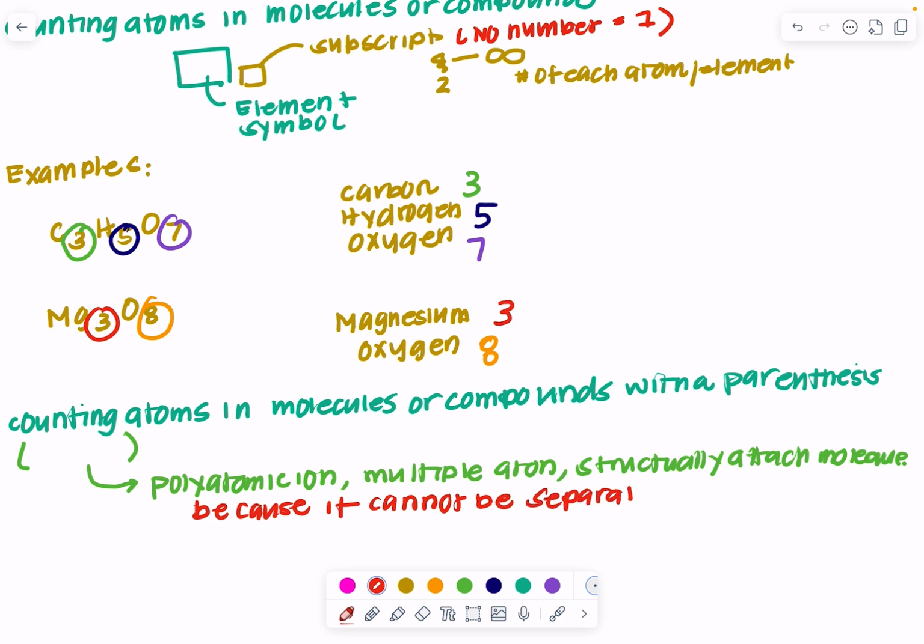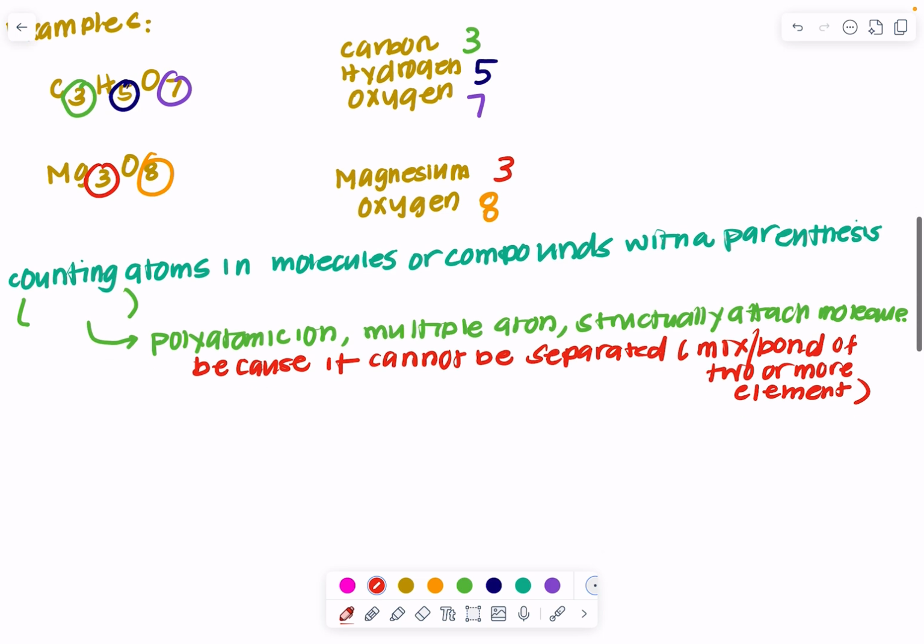This is very important. It has to stay together. And usually it's a mix or a bond of two or more elements. So it's usually like a molecule in there, and it can't be separated, or there's a reason why it's in the parentheses. But let's figure out how to count this.